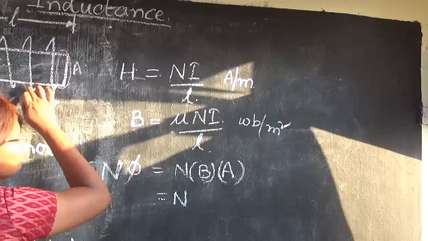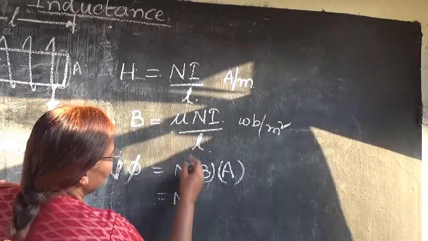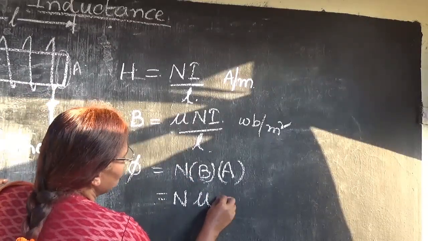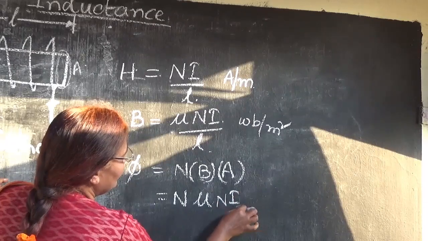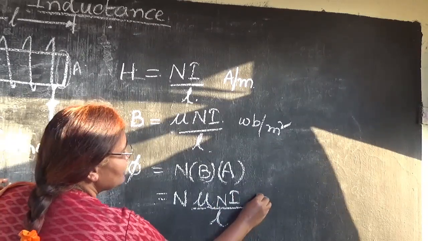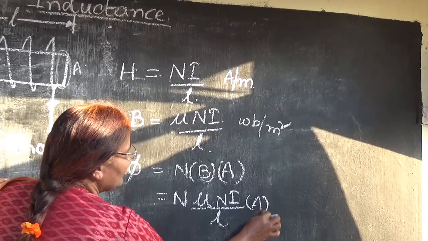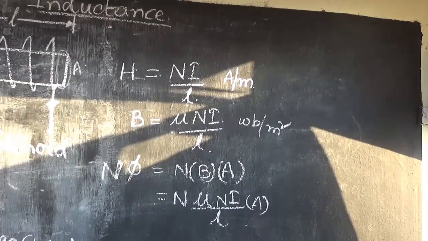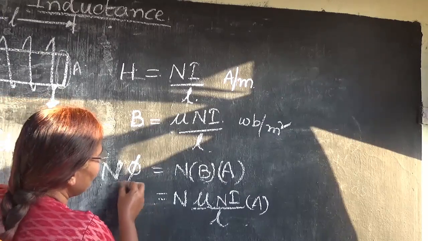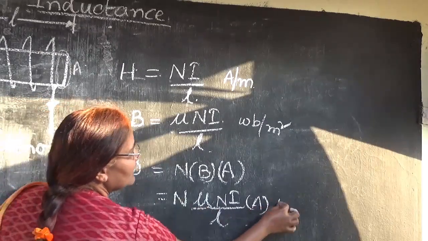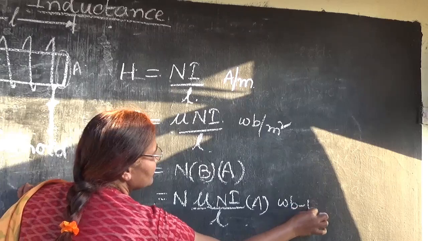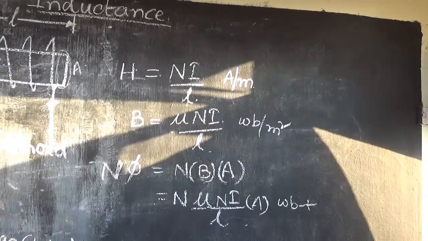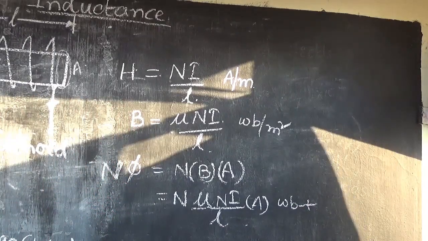Number of turns. And B is equal to mu N I by L, into A, the cross-sectional area of this material on which the coil is wound. So total flux linkages will be these many Weber turns.